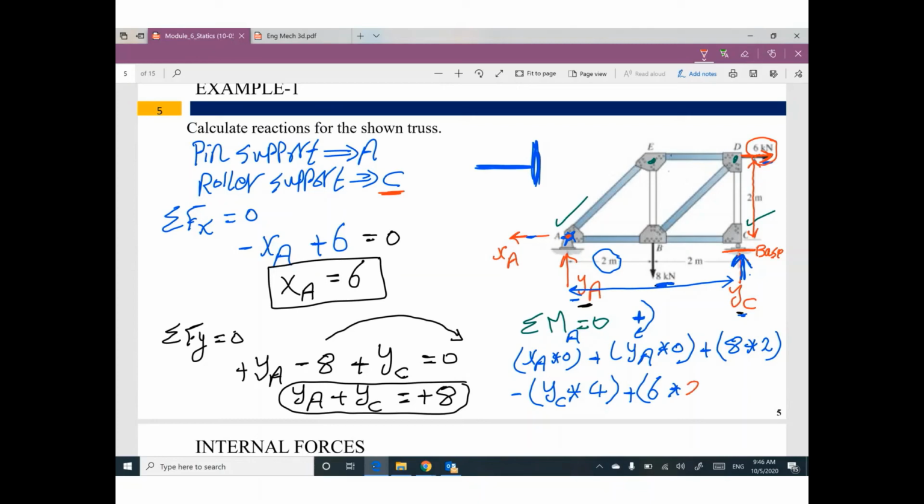I am done. Equals 0. This term will be cancelled. This term will be cancelled. The only unknown in this equation is YC, so I can figure out the value of YC. Go back here and put YC, so I can figure out the value of YA.